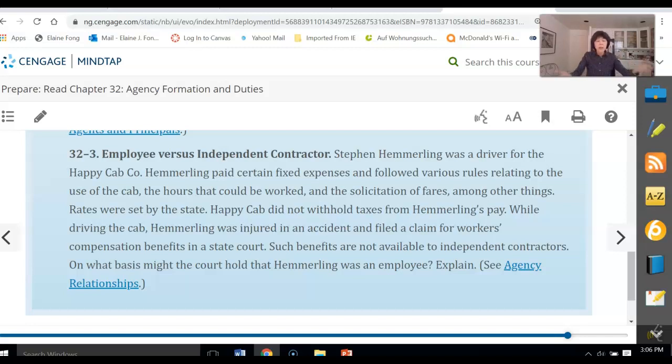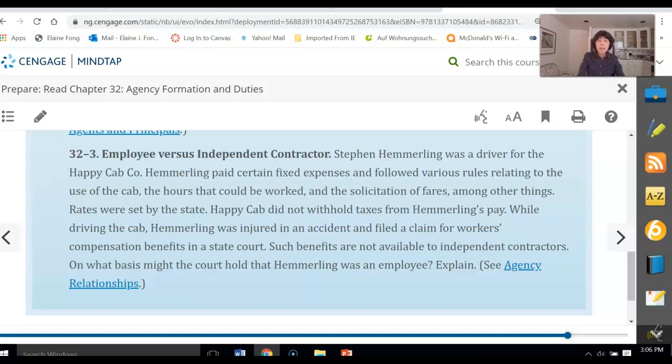Take a look at the kinds of regulation that Happy Cab has implemented and that Hemmerling has to follow. Hemmerling has rules regarding use of the cab, the hours he can work, and how he can obtain a fare. So he doesn't have a lot of control over his own working conditions.